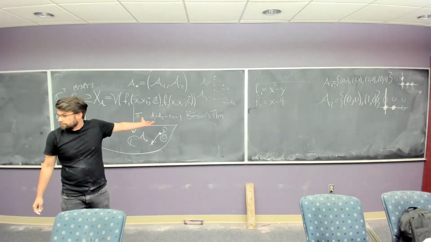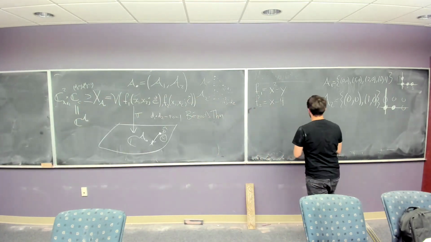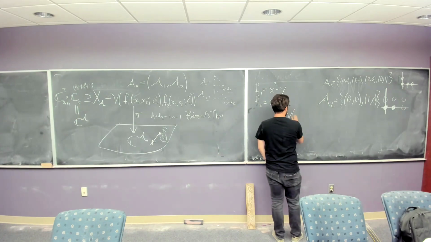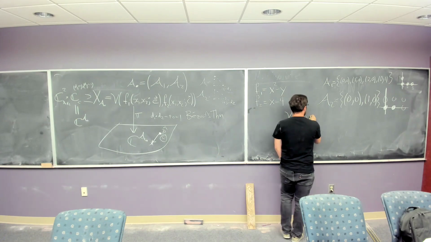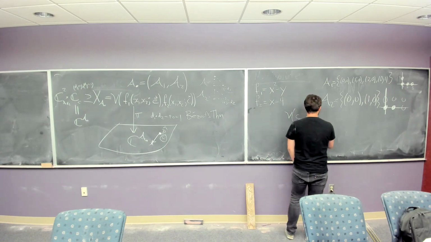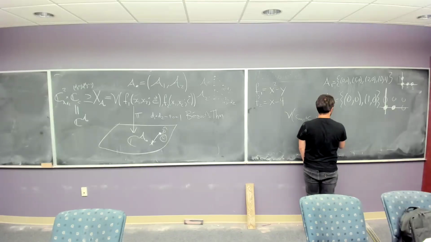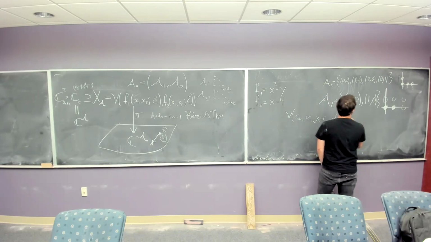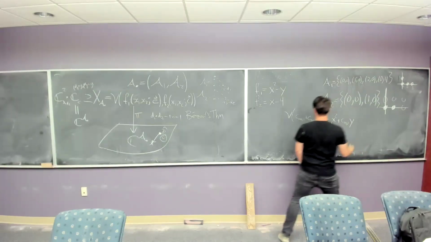I can write the same parameterized polynomial system just with respect to these polynomials, right? I can look at the zero set of c_{0,0,1} plus c_{1,0,1} x plus c_{2,0,1} x squared plus c_{0,1,1} y.